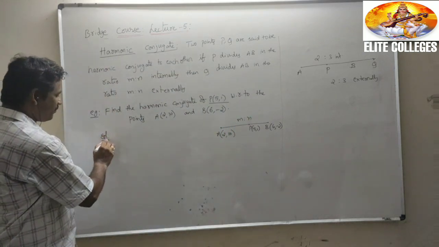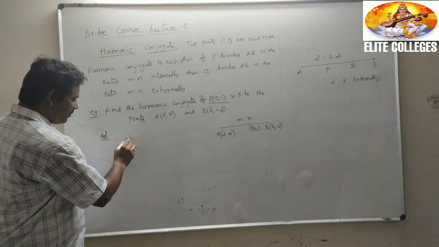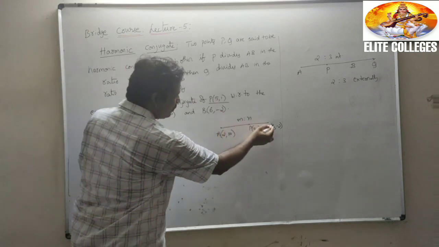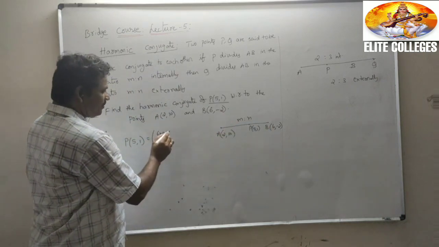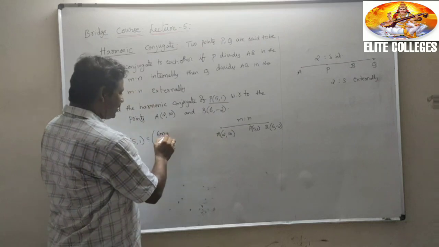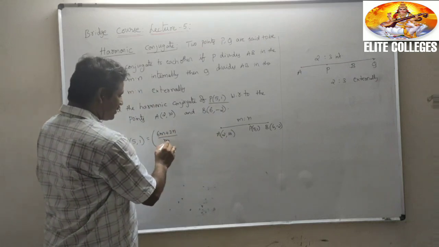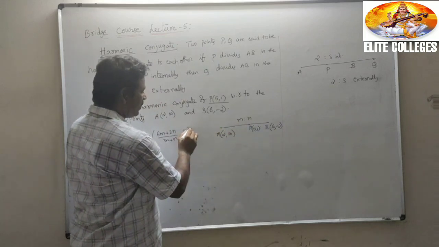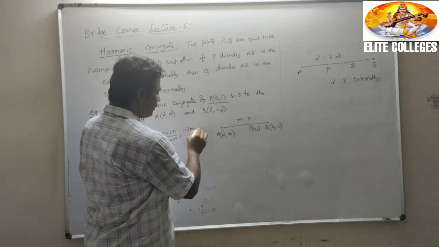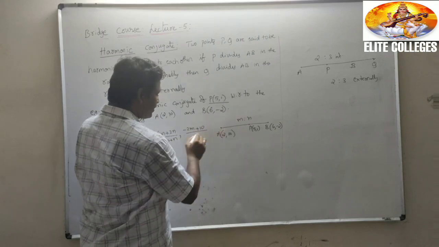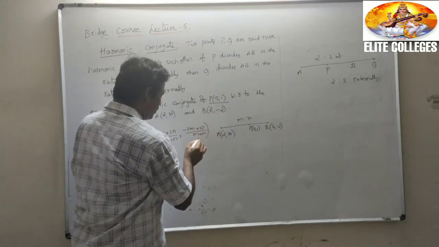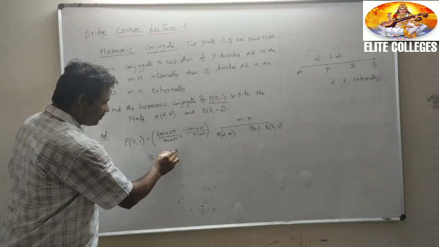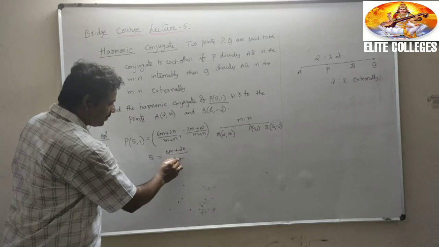See the solution. What is the point P? P (5, 1) equals (m into 6 plus n into 2) by (m plus n), comma, (m into minus 2 plus n into 10) by (m plus n). Now equate this to this: 5 equals (6m plus 2n) by (m plus n).